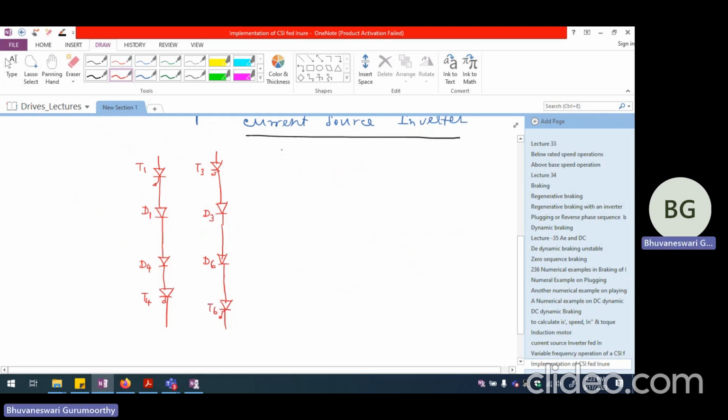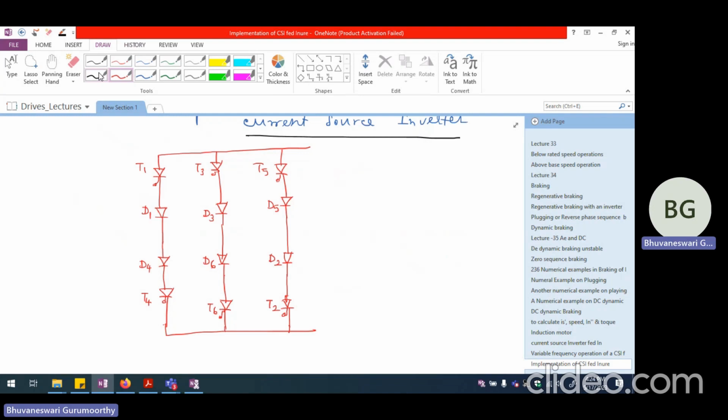And the third phase, which corresponds to C phase, this is T5, this is D5, and this is D2, and this is T2. So this is the complete circuit for the auto sequentially commutated current source inverter. And we are going to have a current flowing through this, for which we may have a large inductance.